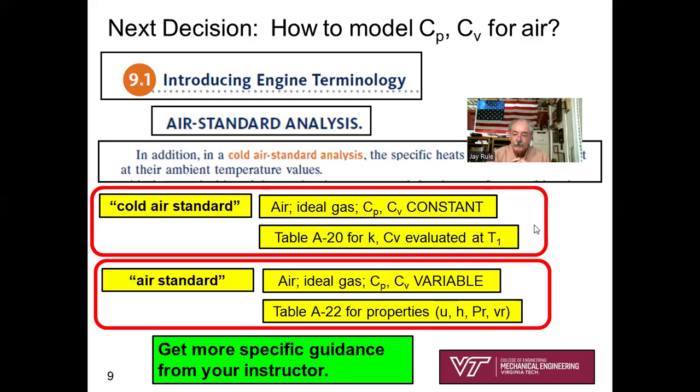Get more guidance from your instructor on this, but you're going to be using one or the other categories of ideal gas analysis when you're going through your performance analysis of the gas turbine engine.